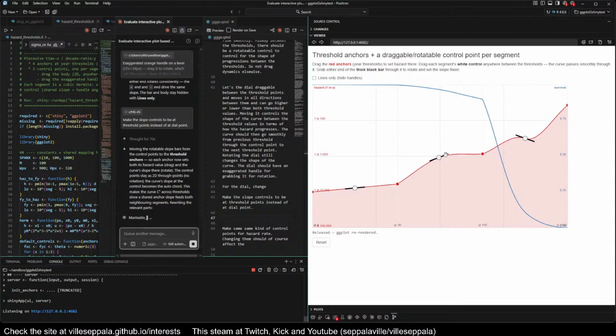I could also have the slopes at both the threshold points and these middle points.